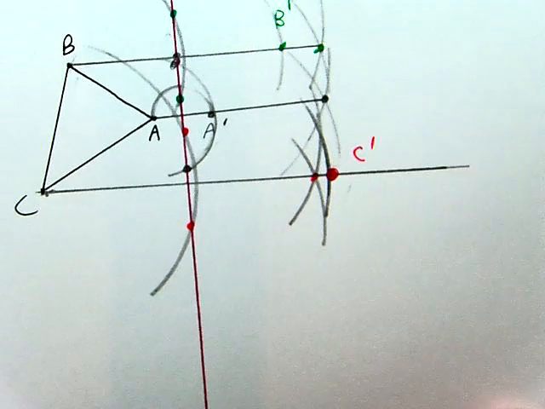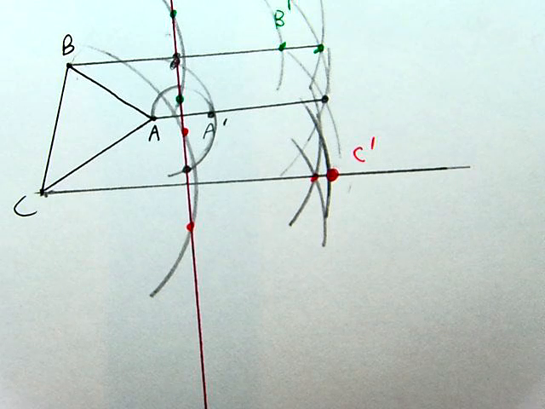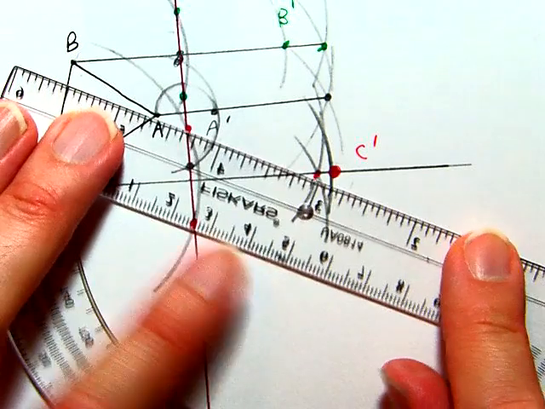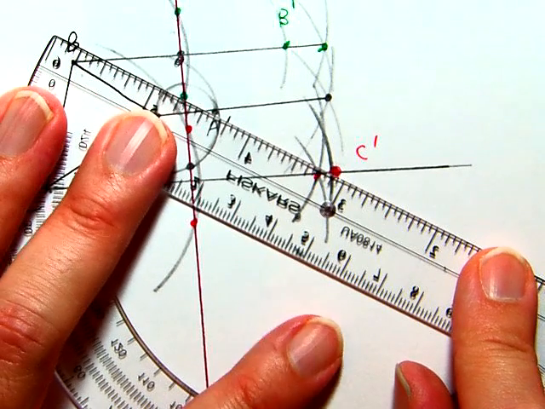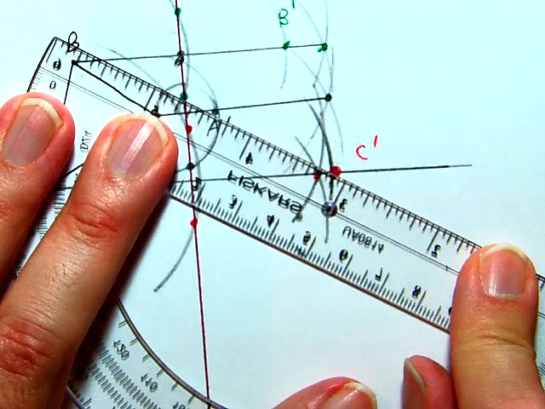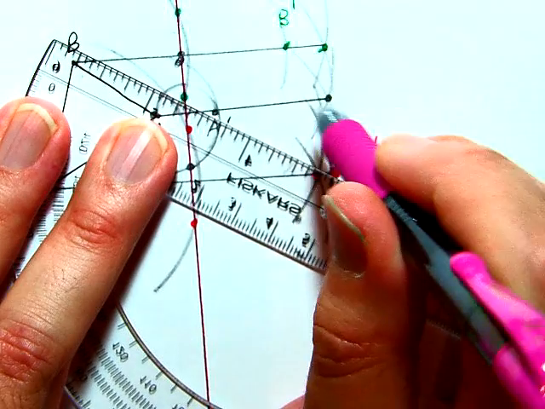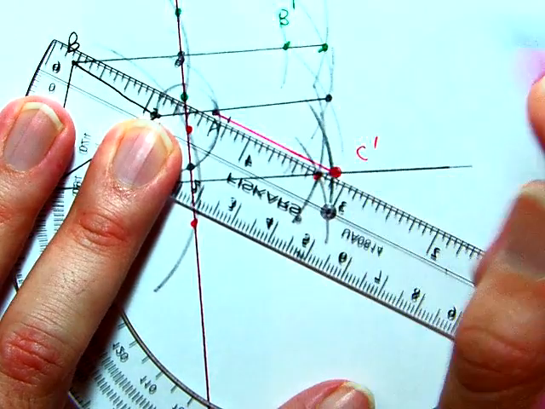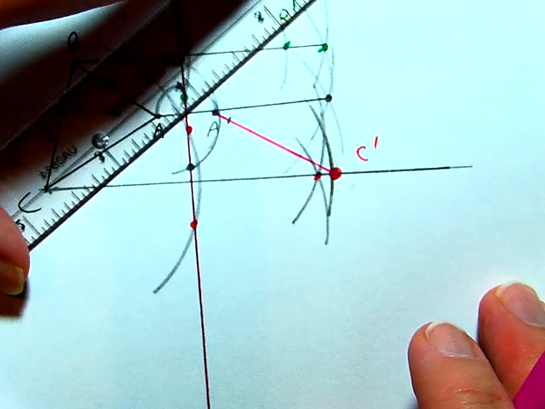And now let me go ahead, connect my A prime, B prime, C prime. Let me do this in pink, so we'll be able to see what our triangle looks like. A prime to C prime. A prime to B prime.